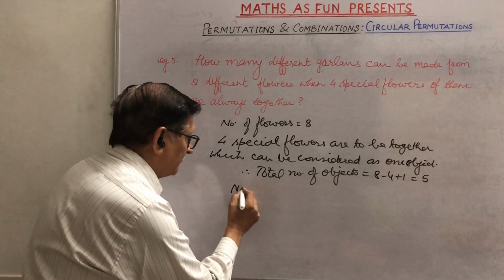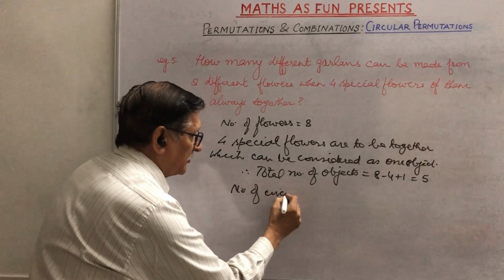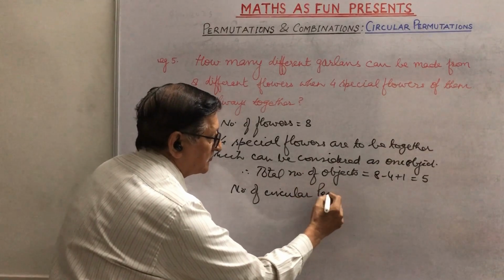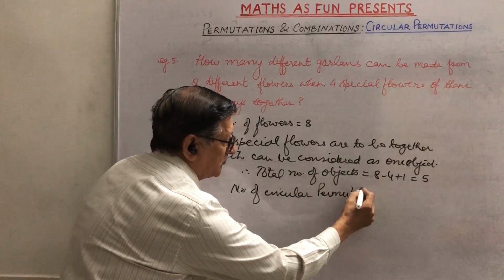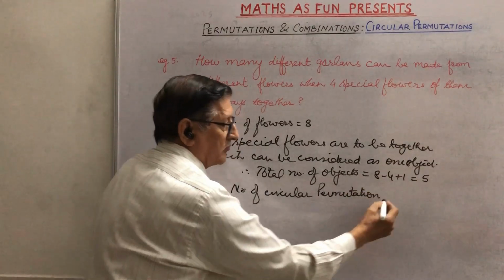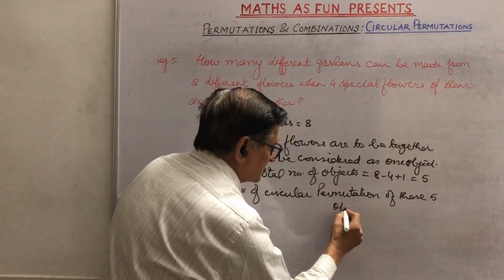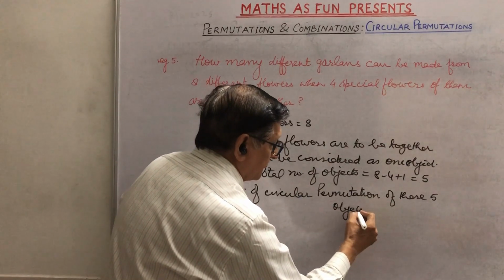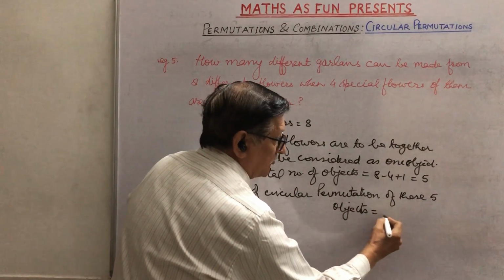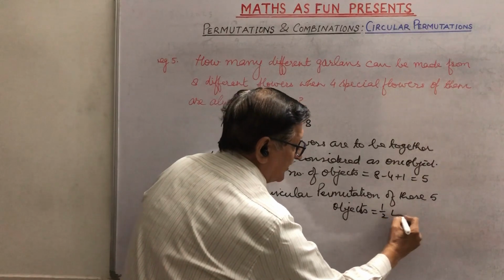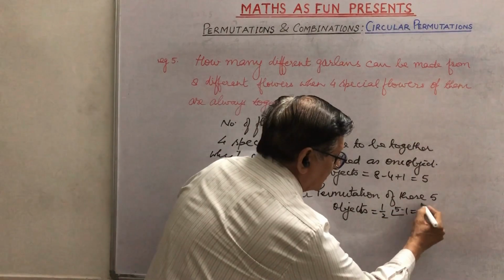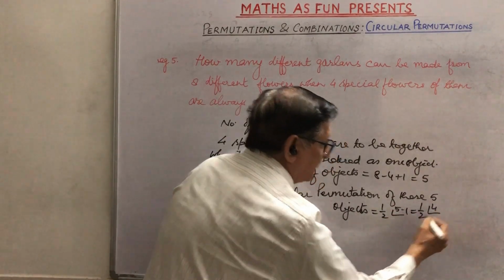Number of circular permutations of these 5 objects is equal to half into factorial 5 minus 1, that is half into factorial 4.